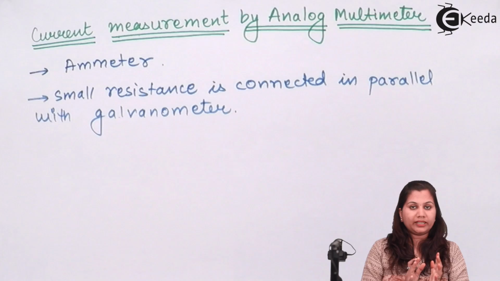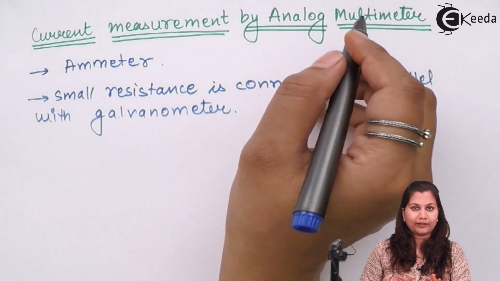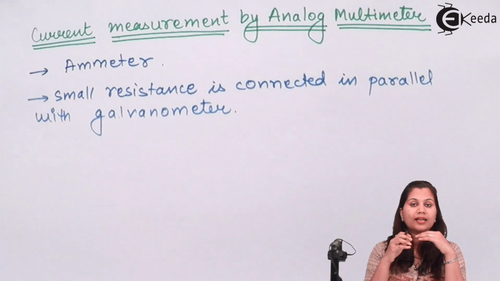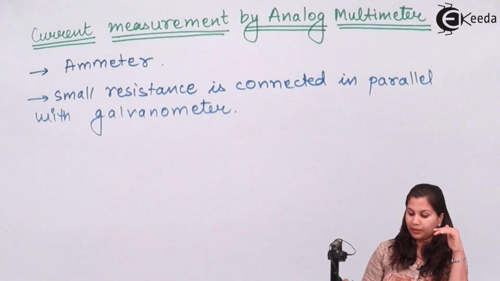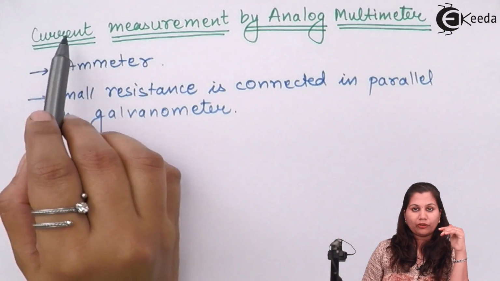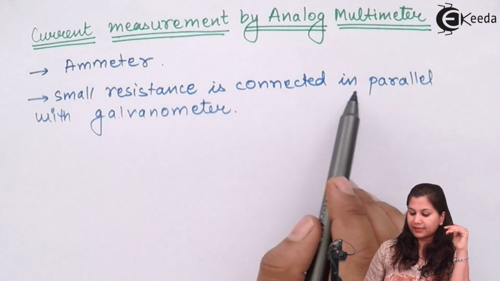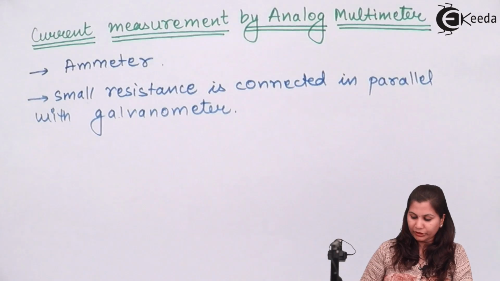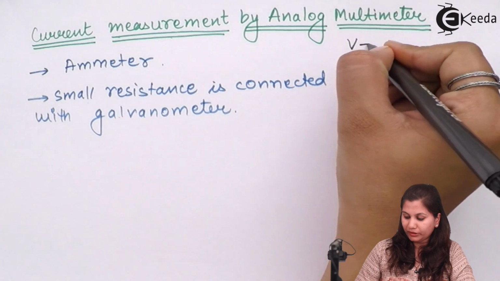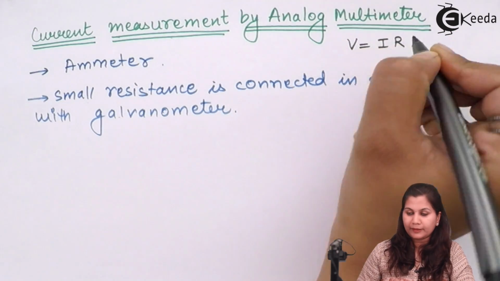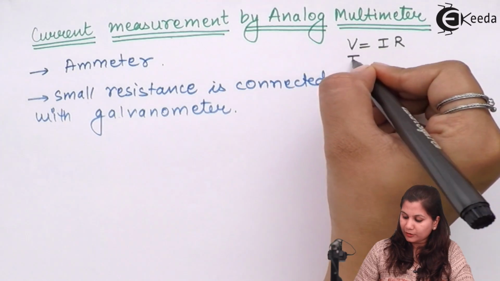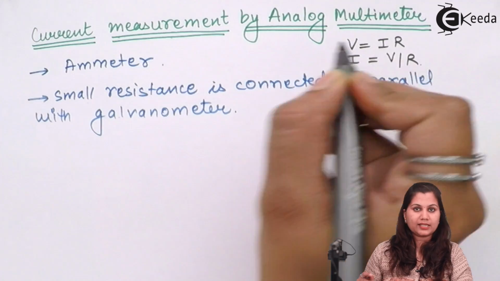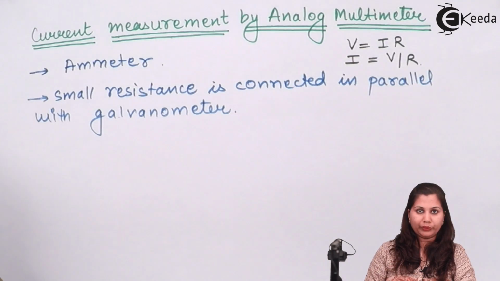When we studied the voltage measurement by the analog multimeter, resistance is connected in series with the galvanometer. But here, for the measurement of current, a small resistance is connected in parallel with the galvanometer. Why? Because we know from Ohm's law, V equals IR, and I equals V by R. So current and resistance are inversely proportional to each other.